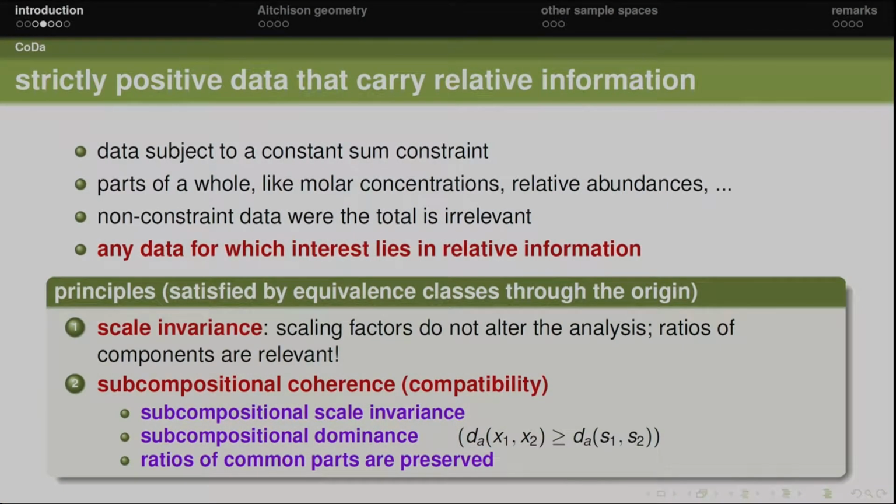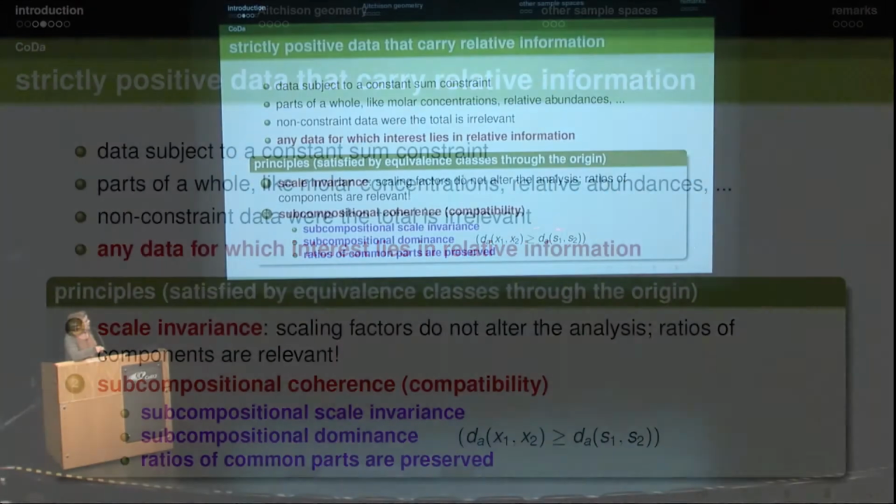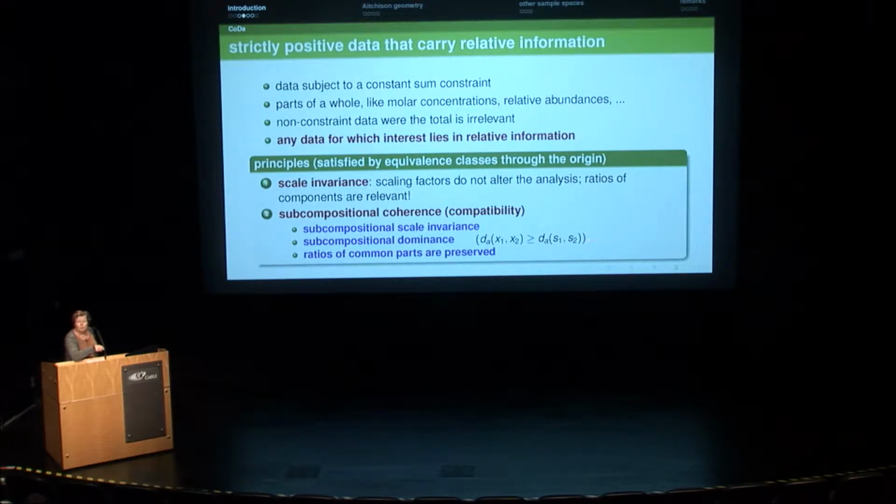What does that mean? In particular, very important, the dominance of distances. The distance between two compositions in the larger composition should be larger or equal than in the small composition, something that frequently does not hold. To understand the idea is easy. Consider two points in space.